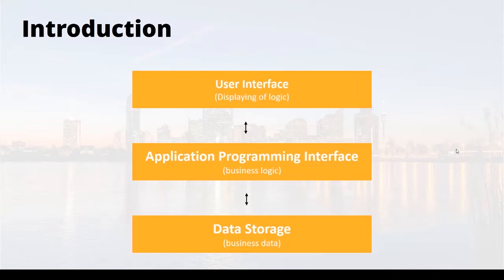The actual processing of the functionalities we are using is done by the application programming interface. This contains the business logic, and it communicates with the user interface, as well as with the data storage, which is the last layer containing all the business data.